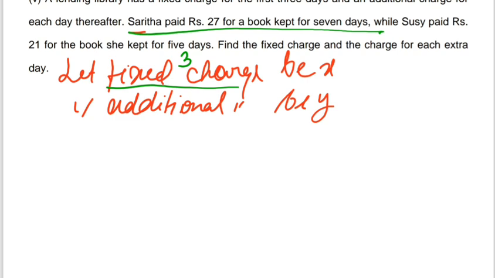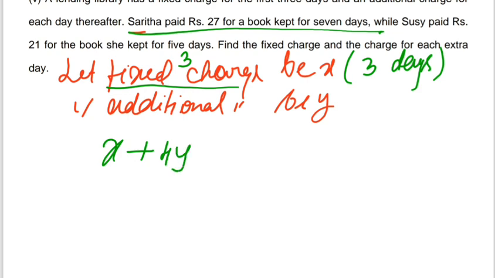So the equation will be x plus 4y, because 3 plus 4 is 7, is equal to 27 rupees according to the question. This is our first equation.